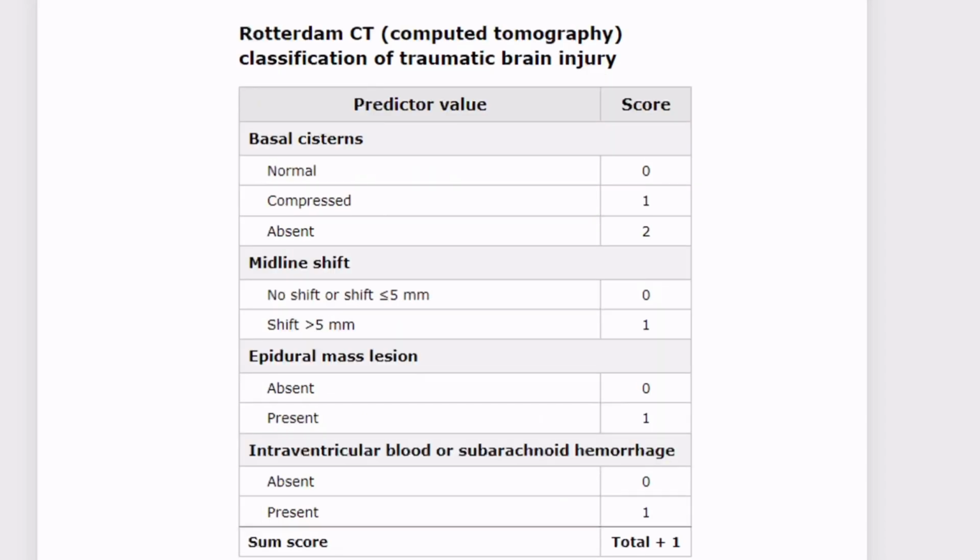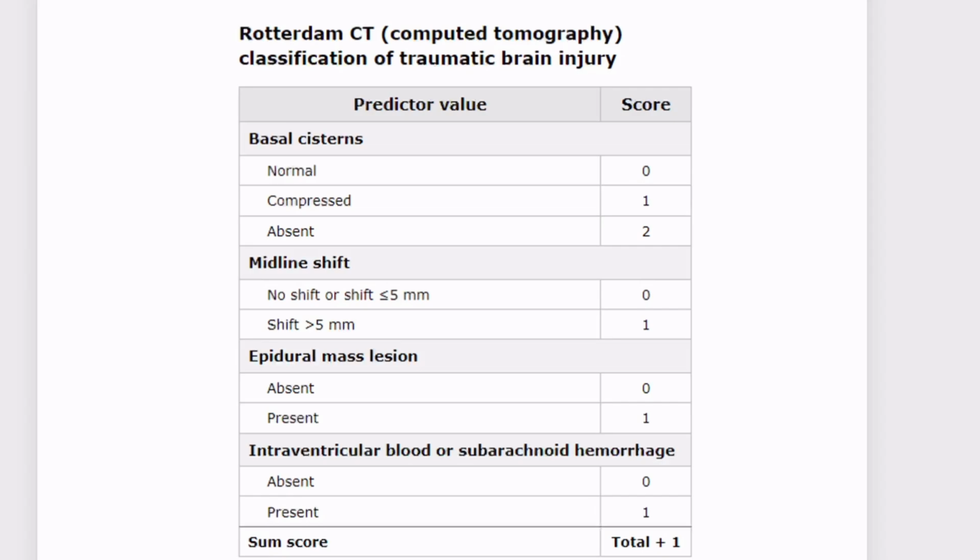The second classification that is used commonly is the Rotterdam CT classification, where there is a predictor value and a score, as you can see. This classification includes 4 independently scored elements. Like the Marshall system, it includes degree of basal cistern compression and degree of midline shift.